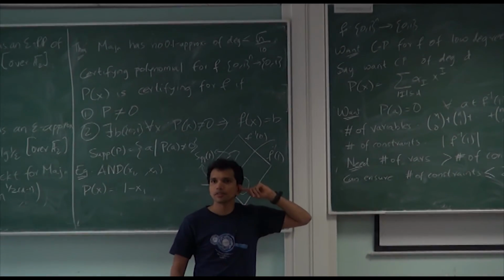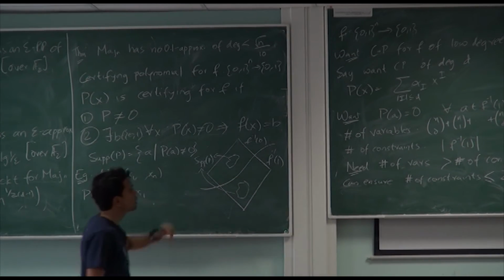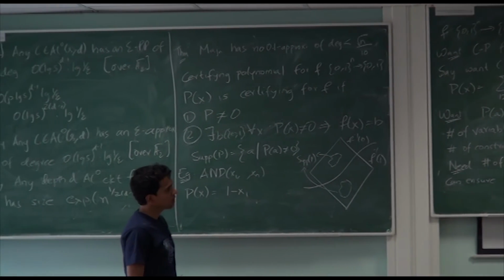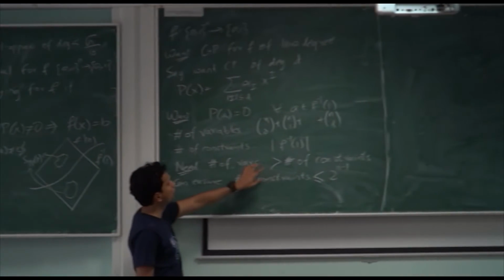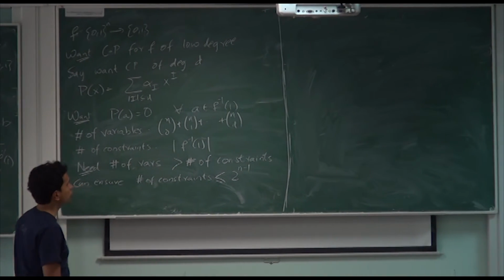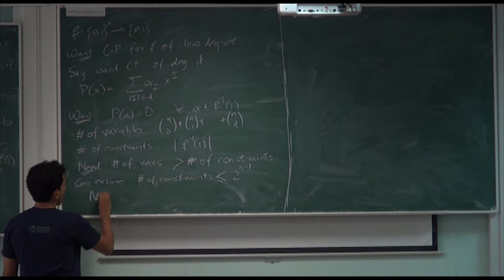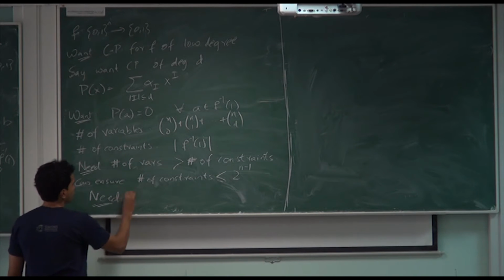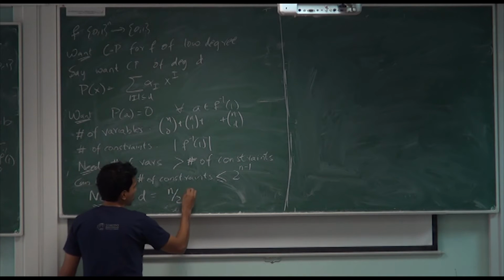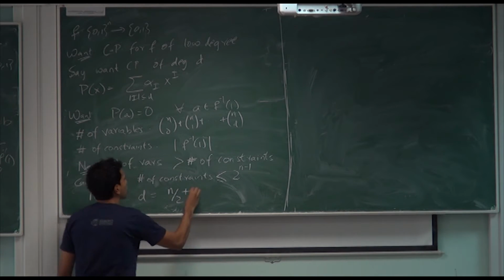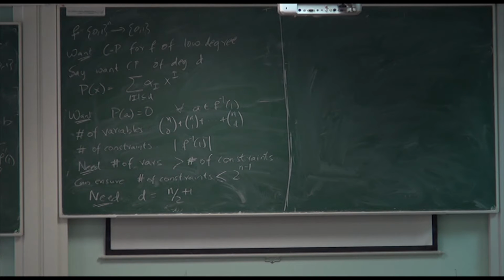Any other questions? Okay. So we can ensure the number of constraints is less than or equal to 2 to the n minus 1, which means that if I want to ensure that my number of variables is greater than the number of constraints, I need to choose d roughly n over 2. Let's say n over 2 plus 1, right?